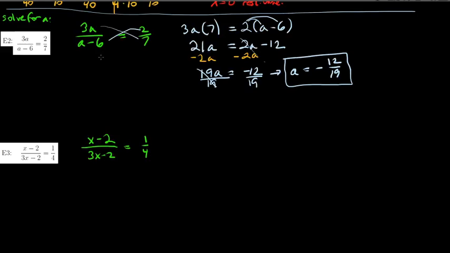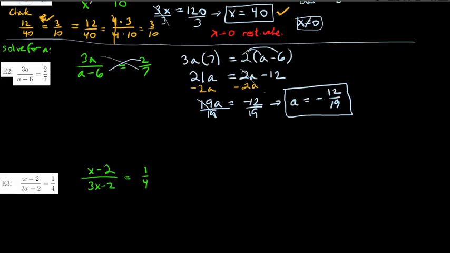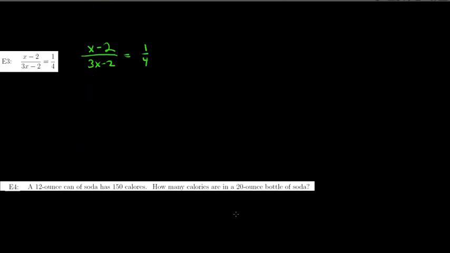I guess we should have mentioned that in the last problem: a equals 6 would have been a restricted value. What makes the denominator 0 there? A minus 6. So when you add 6 to both sides, a equals 6 was a restricted value. On the other hand, we didn't get 6 as our answer, so not an issue.